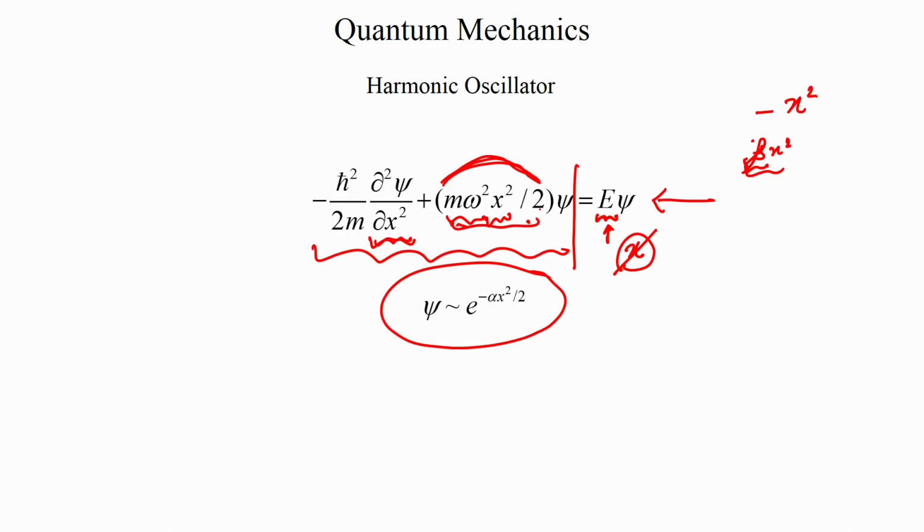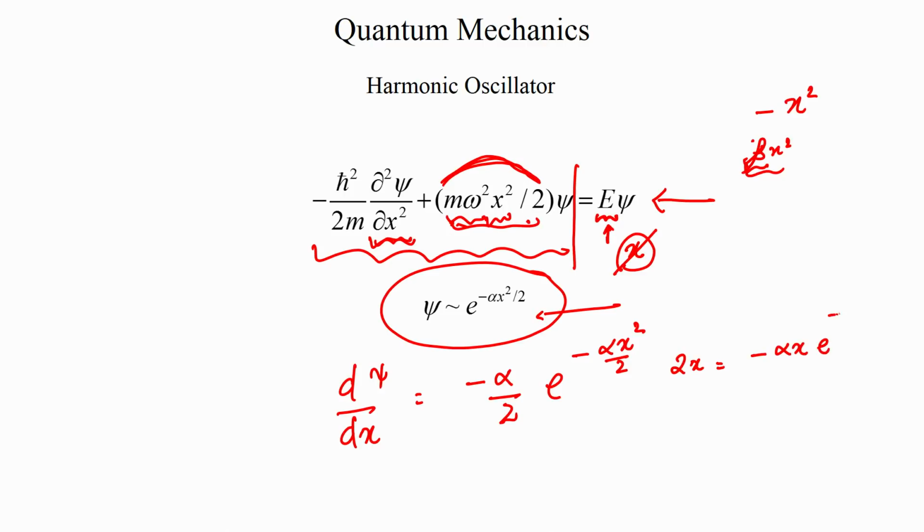So, the idea is to eliminate x square from this picture, and this seems to be a good guess for that, because what is d psi by dx? D psi by dx is minus alpha by 2 e to the power minus alpha x square by 2, and then you take the derivative of the x square term, which is 2x. So, this is nothing but minus alpha x e to the power minus alpha x square by 2.